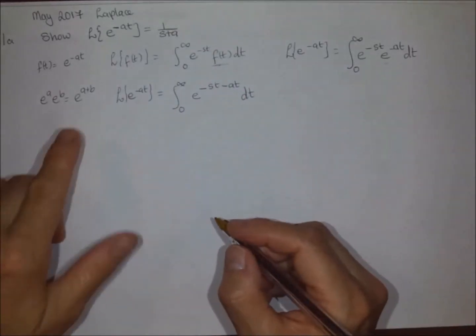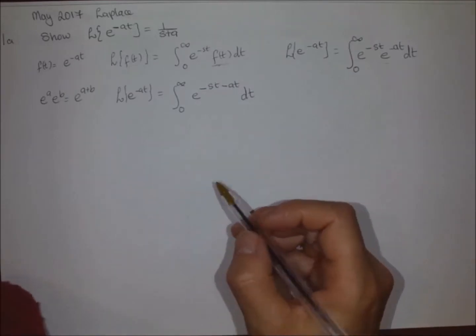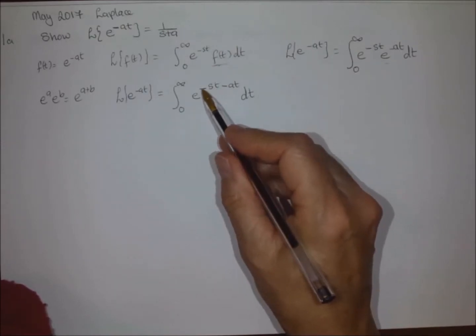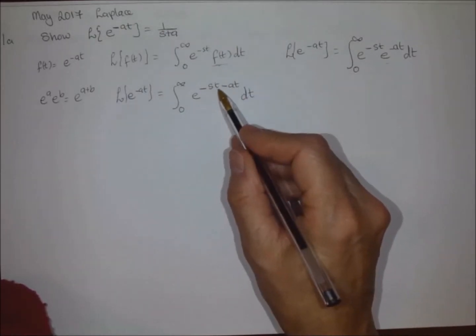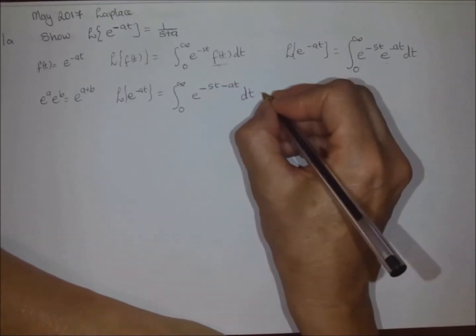We've just put them together. But it still looks a little bit weird. We have to integrate this with respect to t. We could take minus t out as a common factor and tidy this top part up, and it will make it easier to integrate.